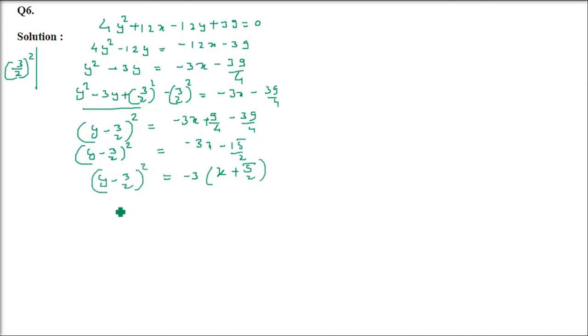So we can compare it with y square equals minus 4ax. So when you compare this minus 3 with minus 4a, minus 3 equals minus 4a, a will be equal to 3 by 4.